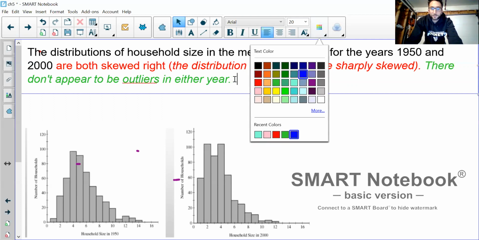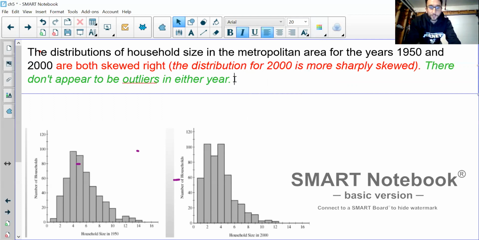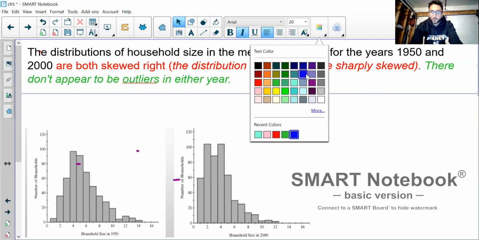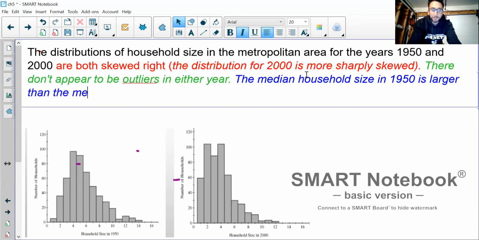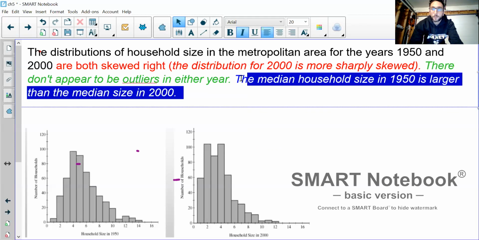Next up, we get our center. Here, we want to talk about our medians. So we want to say the median household size in 1950 is larger than the median size in 2000. It's all about that comparative language.